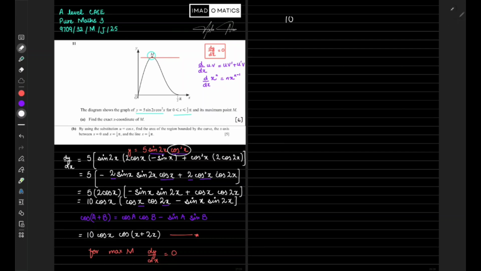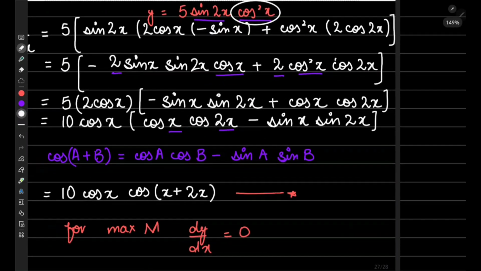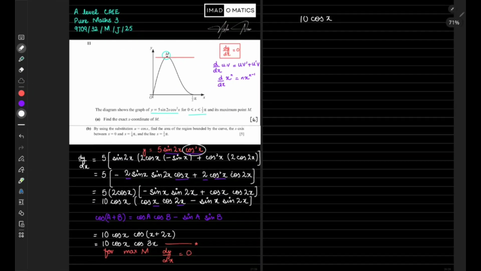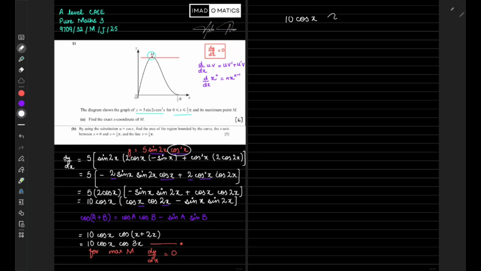We get 10 cos x, and we also write it as cos 3x, because x plus 2x gives you cos 3x. So this is the more simplified form. So 10 cos x cos 3x equals 0.